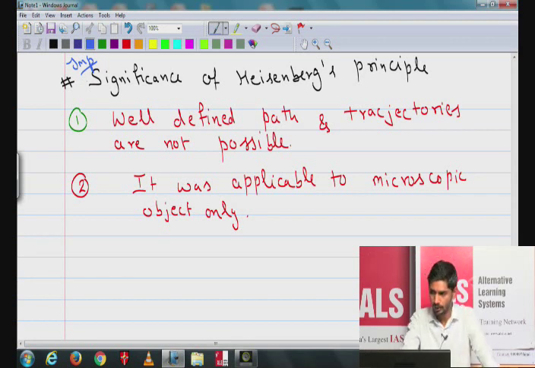Wait for the doubt or what? Is doubt coming? Yeah, tell me, what is the doubt? Tell me your doubt.